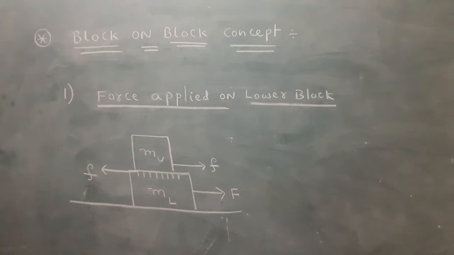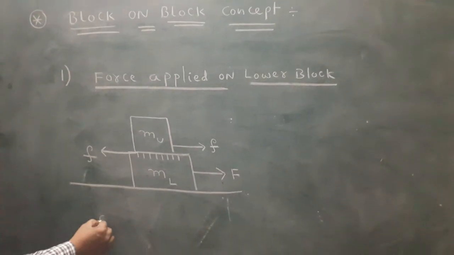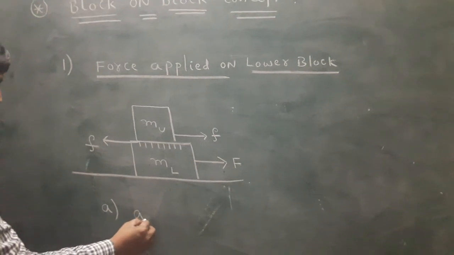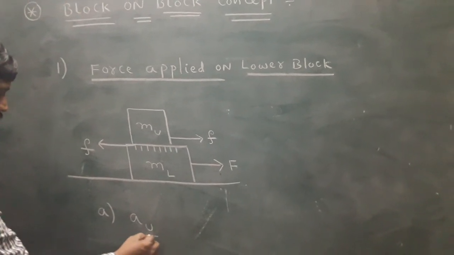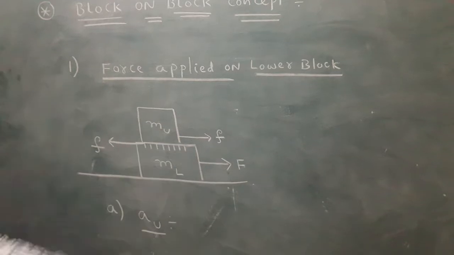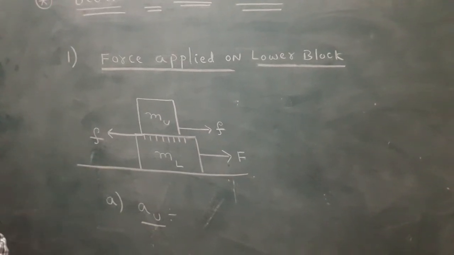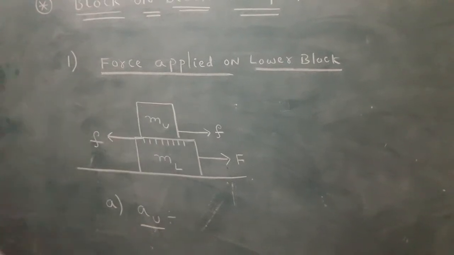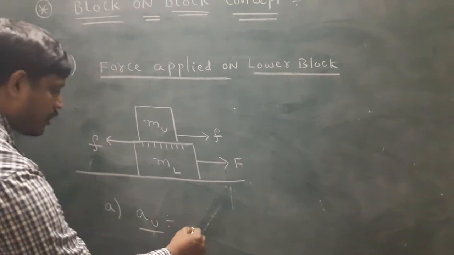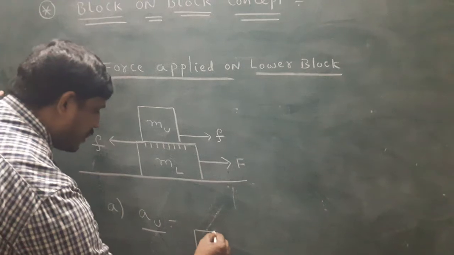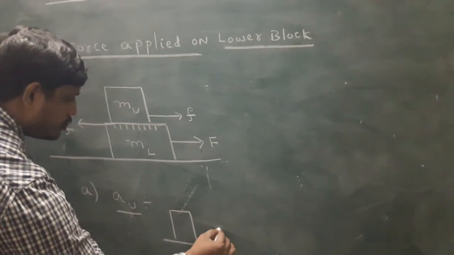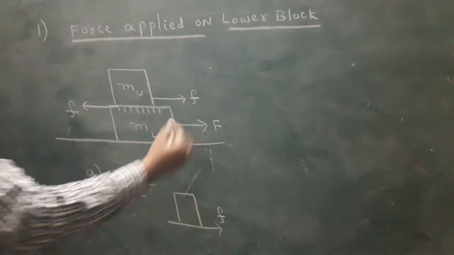Here, in the situation, find the acceleration of the upper block. This is the question. According to the diagram, this is the upper block. On the upper block, how many forces are acting? Only a single force, that is the frictional force.